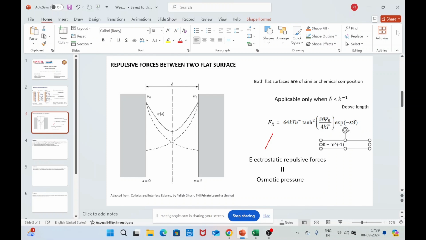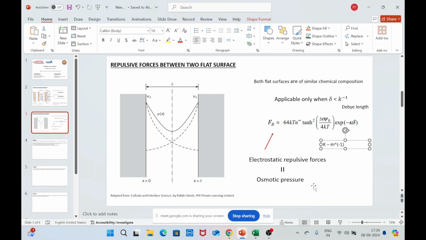One is the osmotic pressure, and the other is the electrostatic repulsive force. These two flat surfaces, I forgot to say, are present in a particular electrolyte solution.